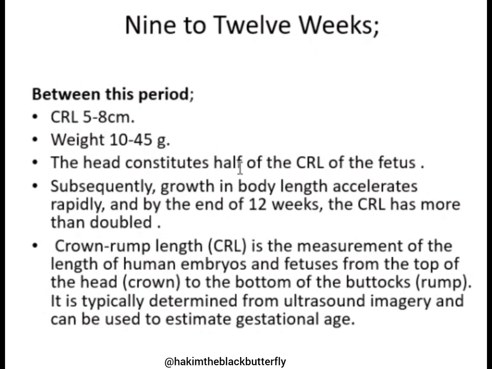So at the beginning, you're going to see the head almost equal to the other parts of the body, because the structures of the head grow faster than the structures of the rest of the body. But afterwards, we are going to see that the rest of the body will also catch up, and then the head will become proportional.